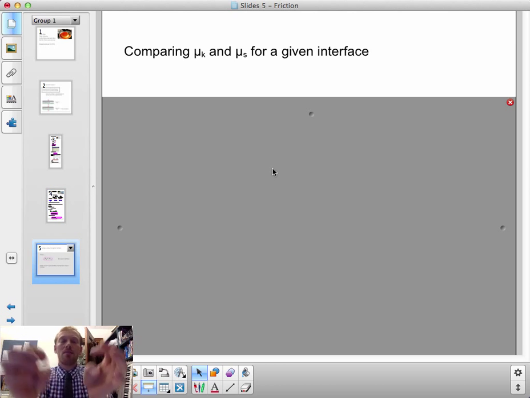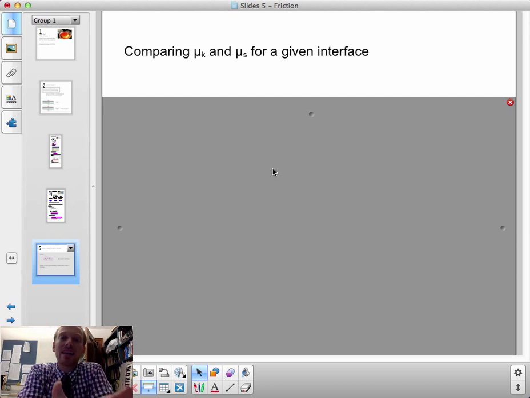I'd like to close by comparing the static and kinetic coefficients of friction for a given interface. If I have my brick on the table, you might wonder, is the coefficient of kinetic friction the same as, greater than, or less than the coefficient of static friction?